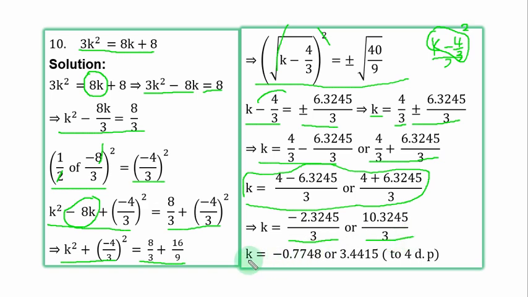If you divide, you have k equal to -0.7748. That is from this part. Then if you divide 10.3245 by 3, you have 3.4415. So the answer is, to 4 decimal places, -0.7748 or 3.4415.